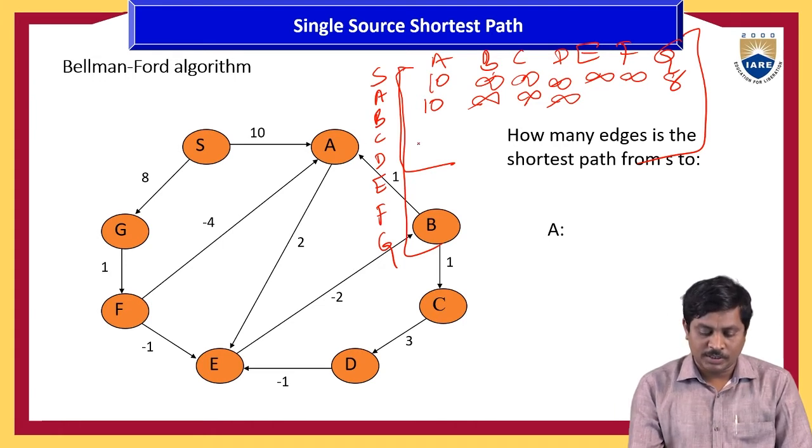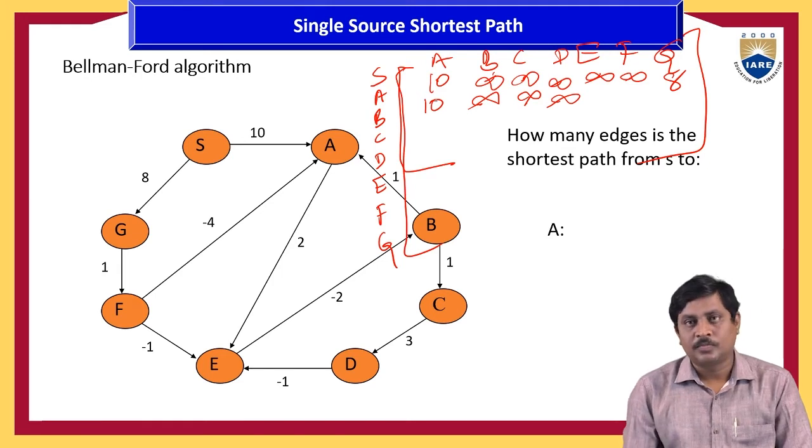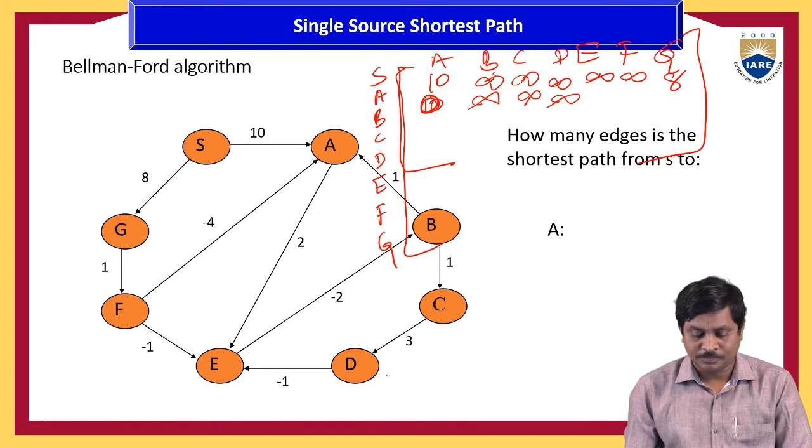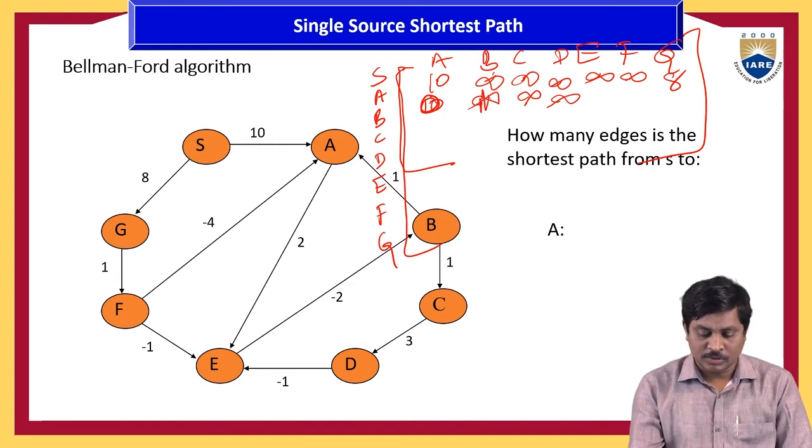A to B is 1. A to A, previously 10 is there. Generally A to A is 0. So A to A 0. Now A to B is unknown. A to C there is no direct connection.